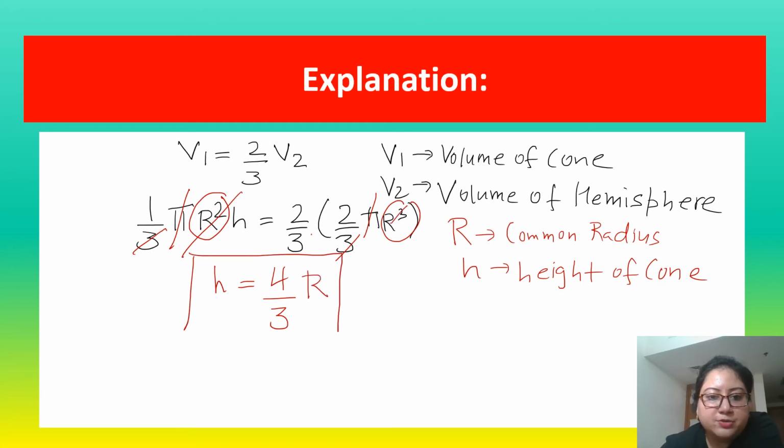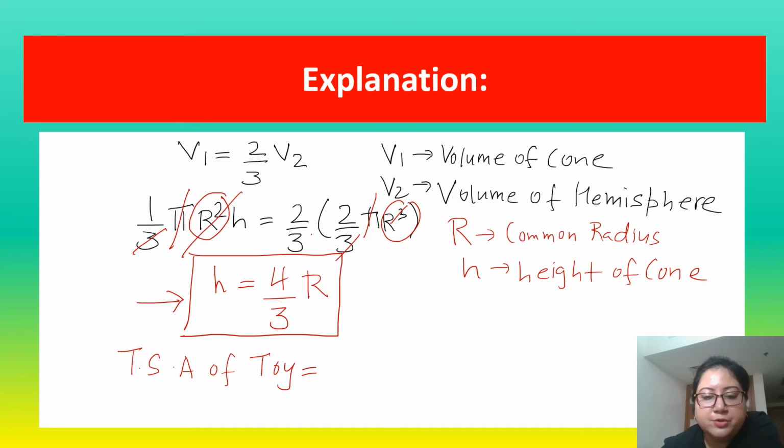So this is one part of the solution where we have got a relationship between h and r. Now for the second part, we need to find the total surface area of the toy. If you go back to your figure, you would see that the toy is made up of two solids.